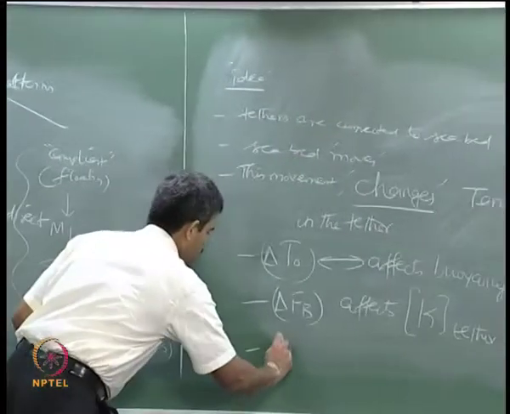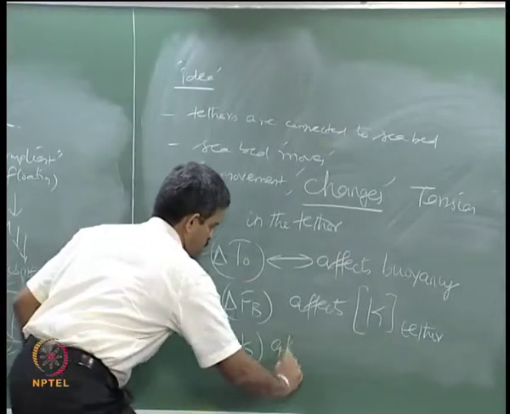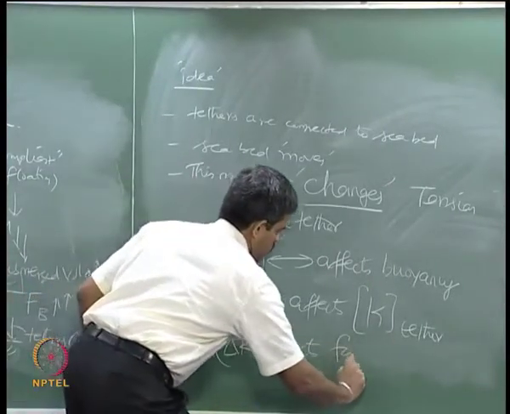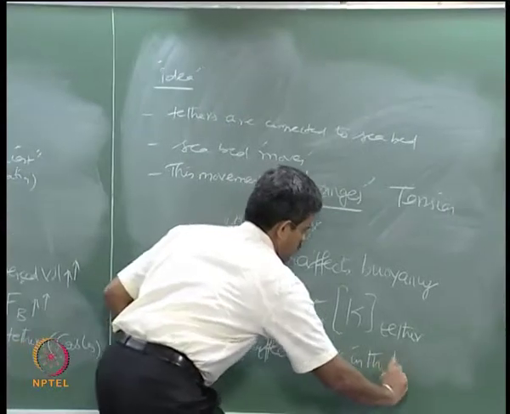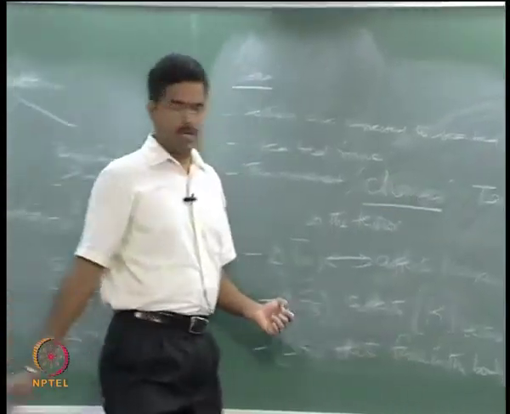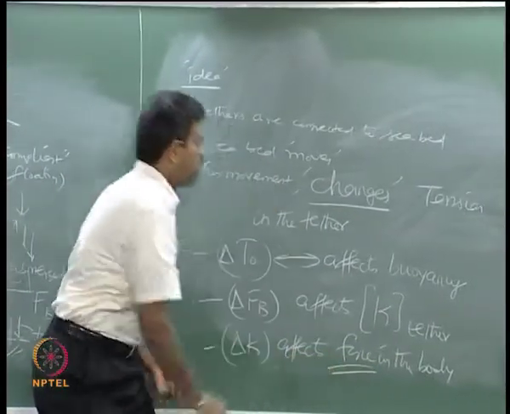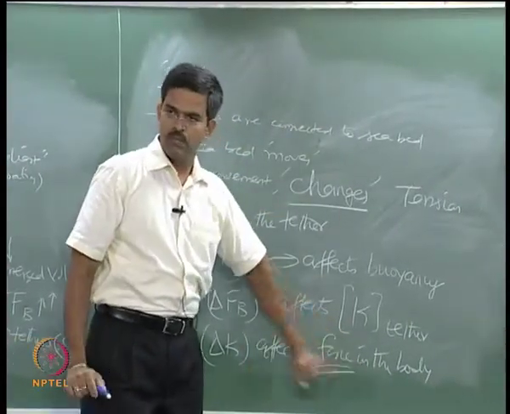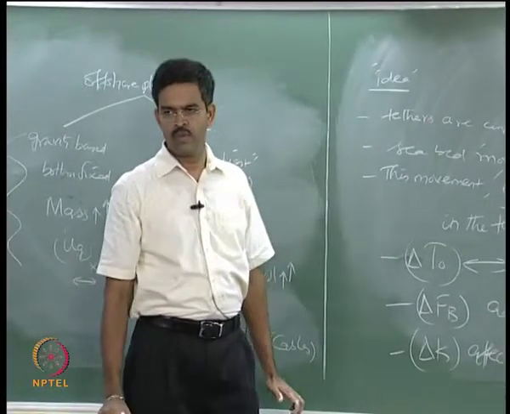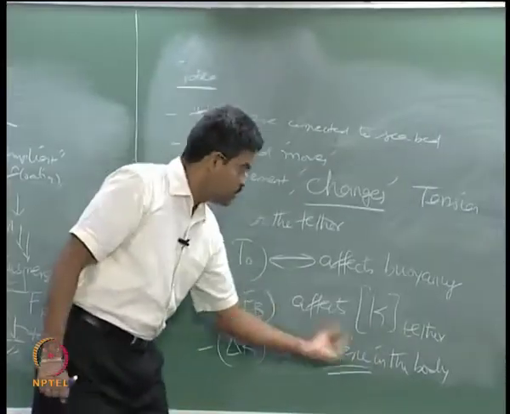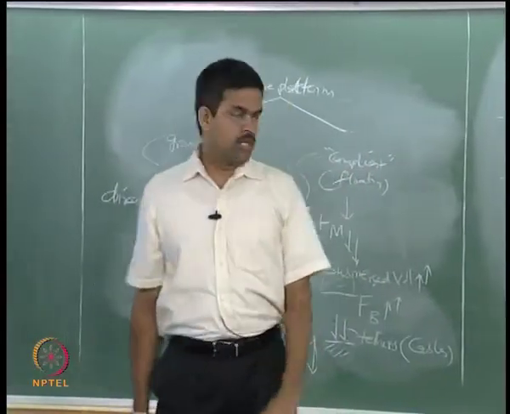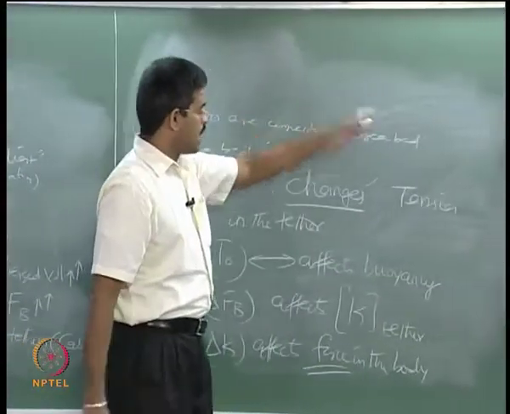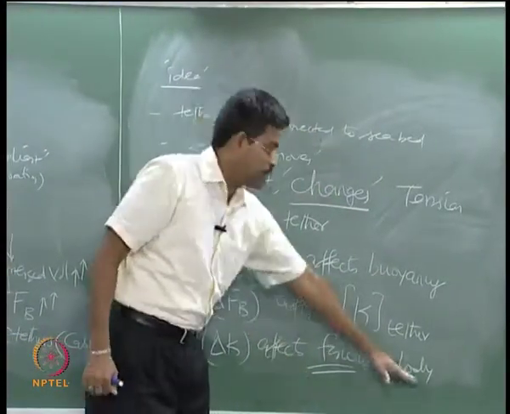The change in stiffness affects force in the body, and this is the force which is applied from the earthquake movement to the body. Okay, this is the force. So it is not directly applied, it is indirectly transferred through this mechanism and it is applied.